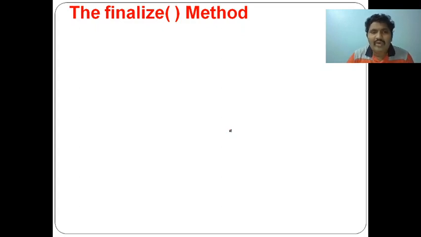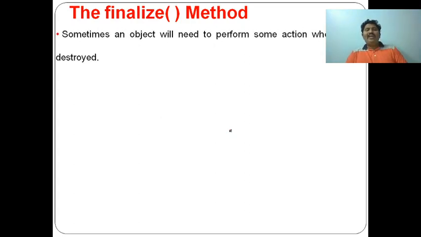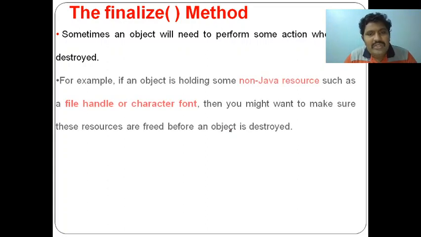Before I explain how to write a program for the garbage collector, we need to know about a method called the finalize method. Before the object is destroyed, we want to do certain operations. For example, our program has some file and we are dealing with some character font. That kind of information we need to back up.